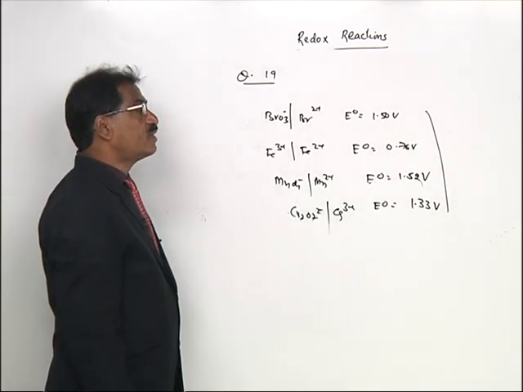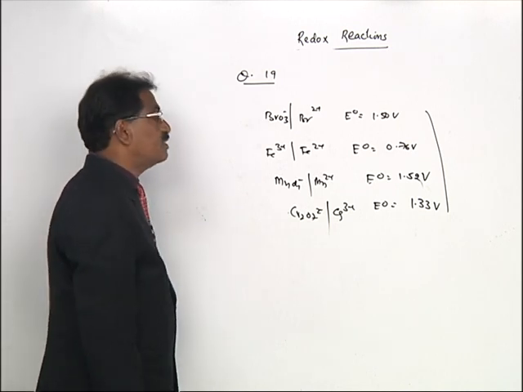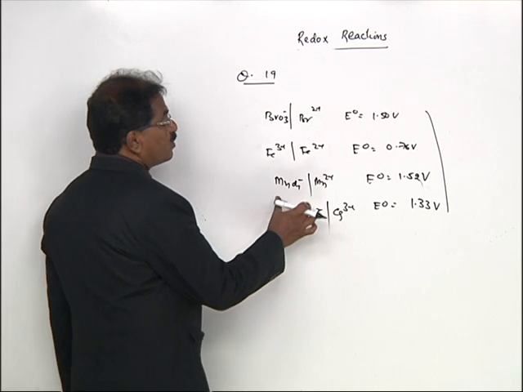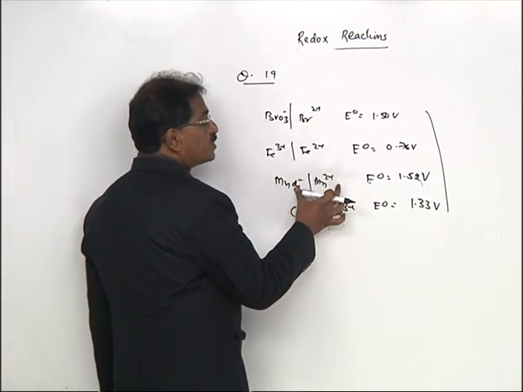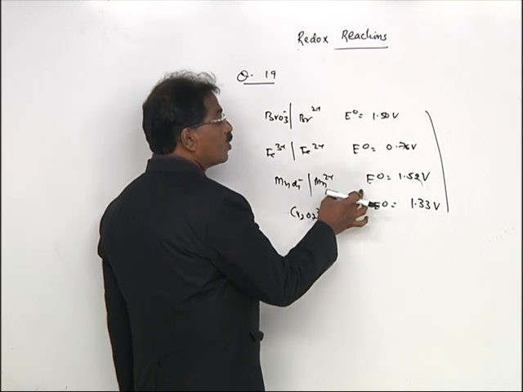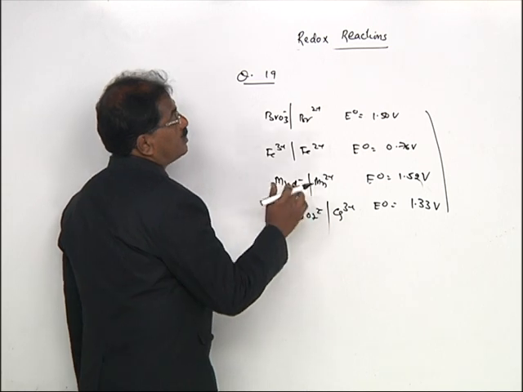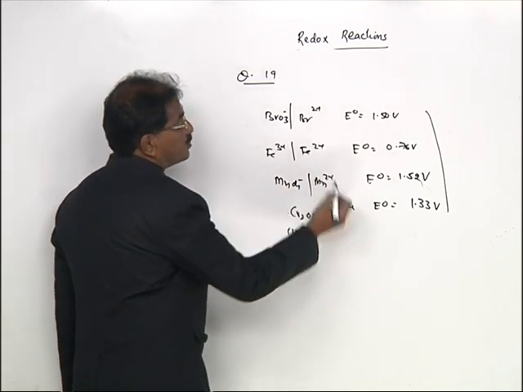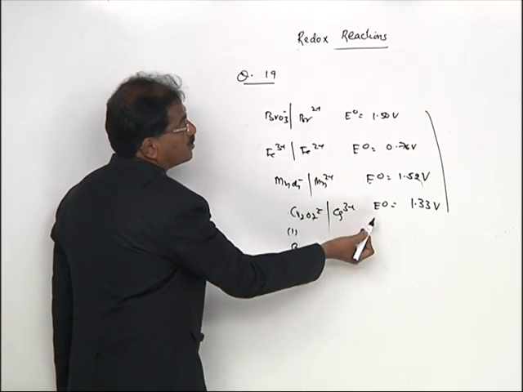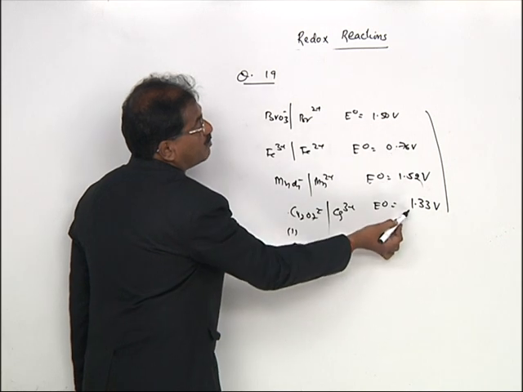Now, based on reduction potential values, we have to identify the most powerful oxidizing agent. If any species wants to act as the oxidizing agent, its reduction potential must be more than the other species with which it is reacting. That is one point. Second point is, among the given species, if you want to select the most powerful oxidizing agent, just compare the reduction potential values.